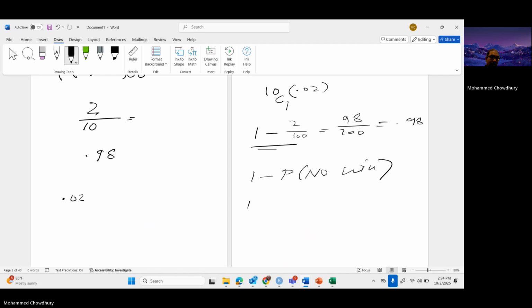Okay. And then, so are you saying like 10 choose 1 and the probability of winning 1 and probability of non-winning, this is equal to 9? Are they using binomial something like this?